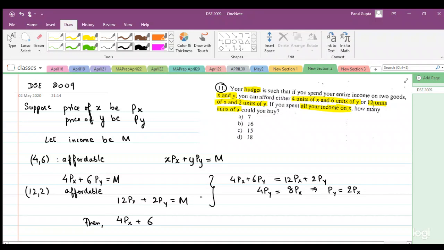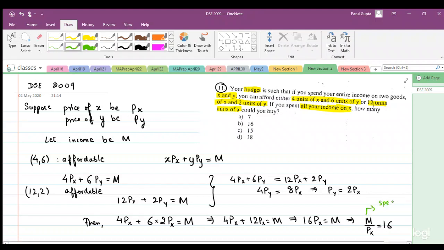Instead of Py, I will write it in terms of Px, which is the relation that I have got, and that gives me 4Px plus 12Px equals M, which is 16Px equals M, which gives me now M by Px equals 16. So M by Px means that if I spend all income on X, M by Px is the number of units of X that I will be able to purchase.